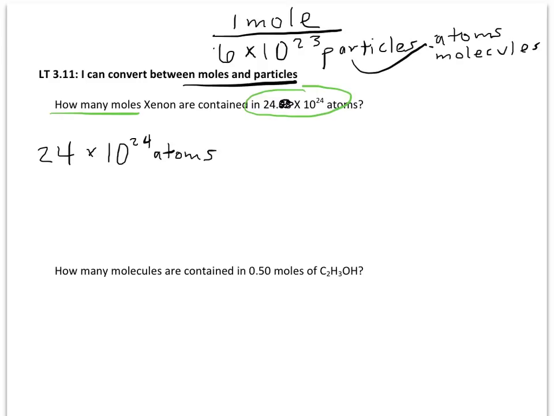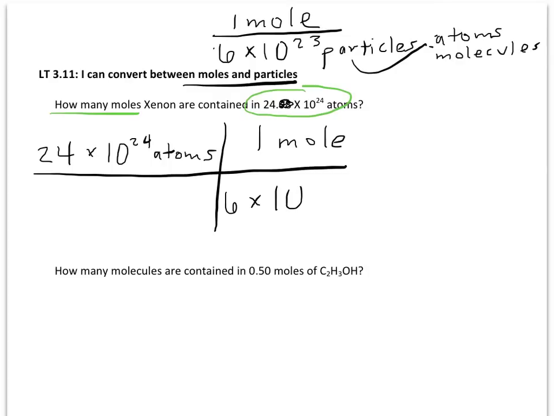And then we want to multiply by our conversion factor. And we know that there is 1 mole in 6 times 10 to the 23rd atoms. This is our conversion factor that we identified up here.